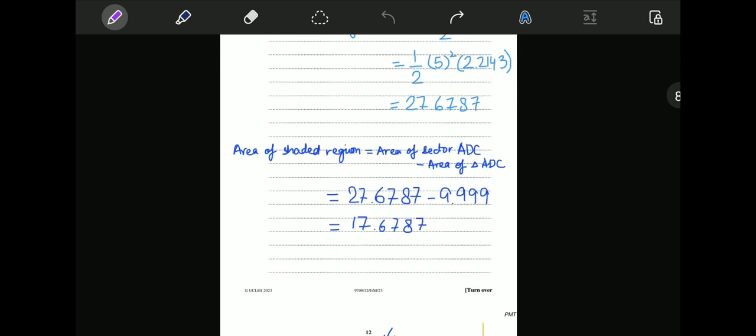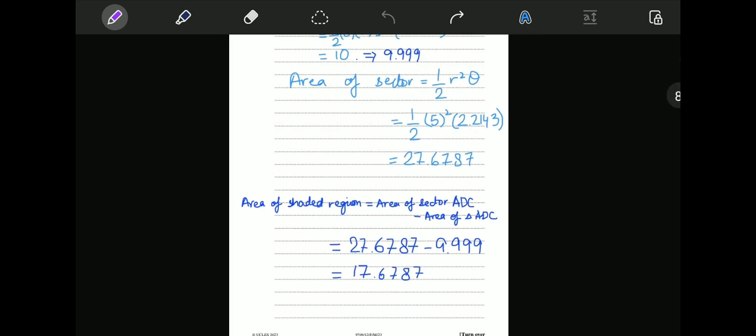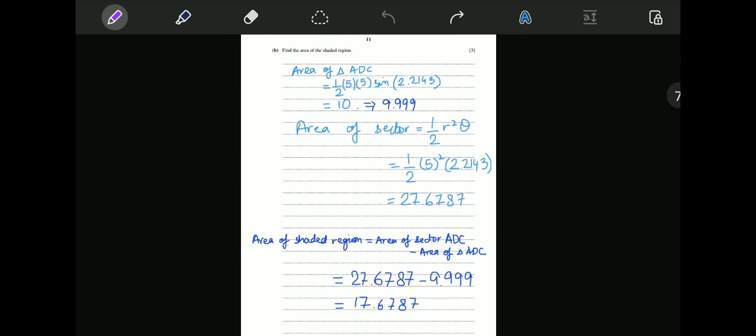Subtracting these both, 27.6787 minus 9.999, and we'll get this. Do not round off during the process, and you will get the most accurate answer or close to accurate. Okay, so that's it.